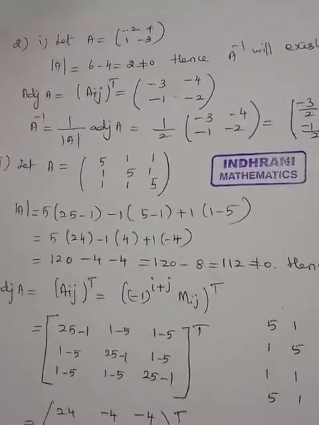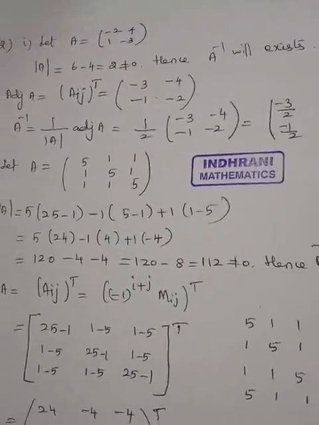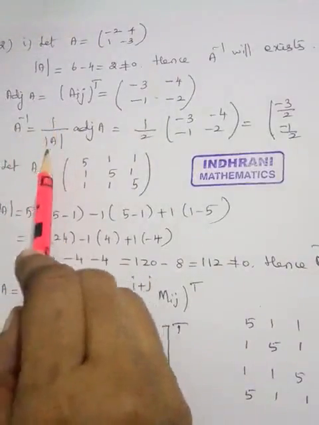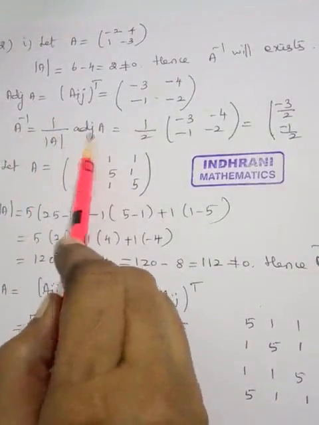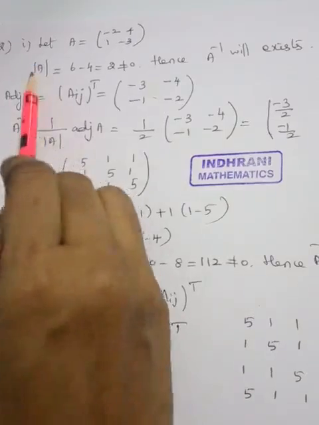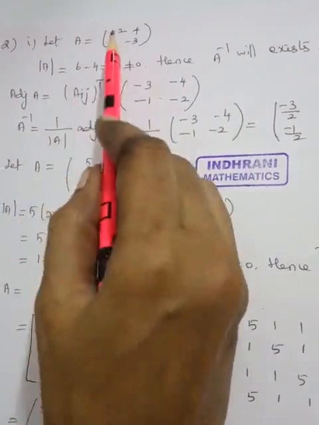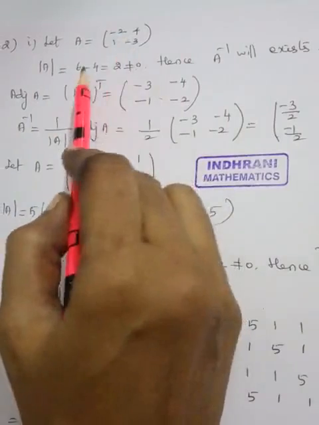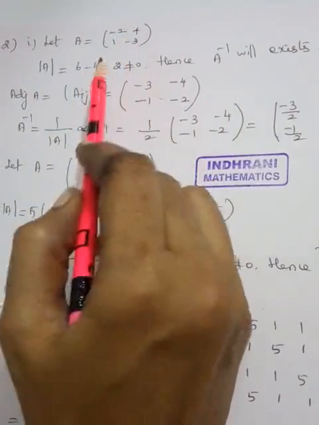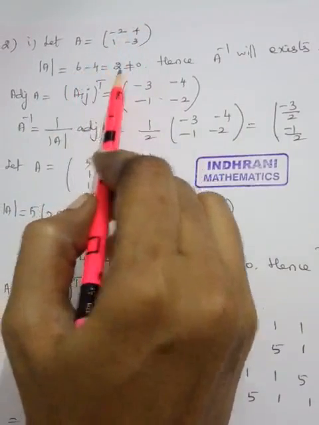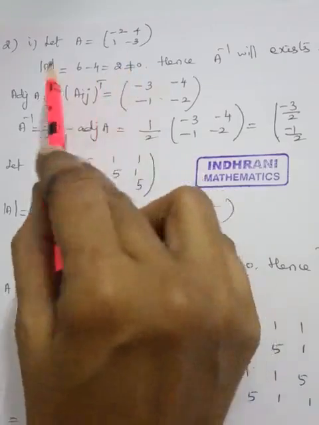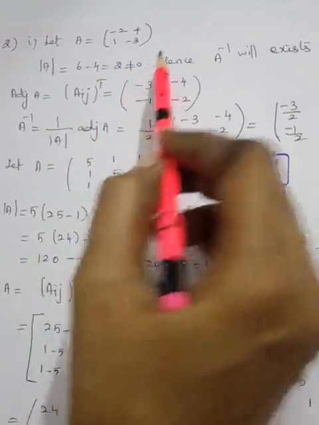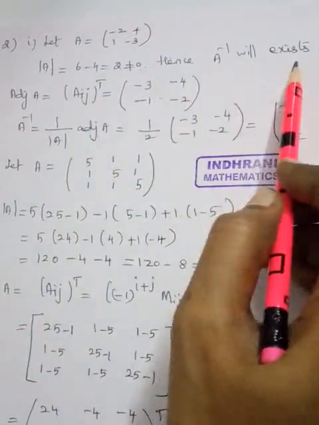We know the formula for A inverse is 1 by determinant A into adjoint of A. So first we want to calculate determinant A. It is very easy. Minus 2 into minus 3 is 6. Formula is on minus sign. 4 into 1 is 4. So 6 minus 4 is 2, not equal to 0. So determinant A is not equal to 0. Hence A inverse will exist.